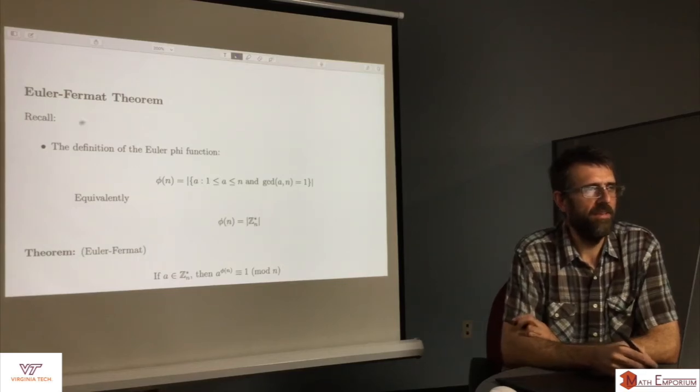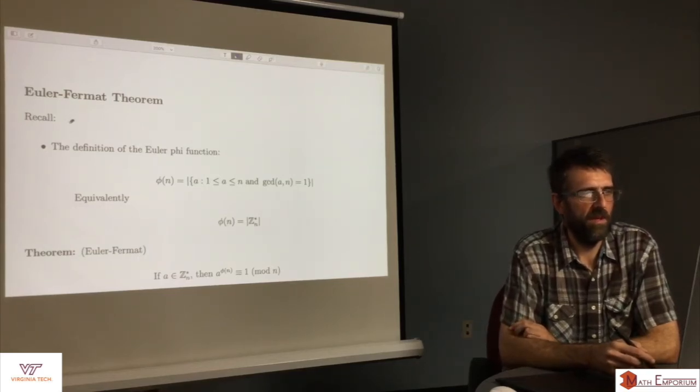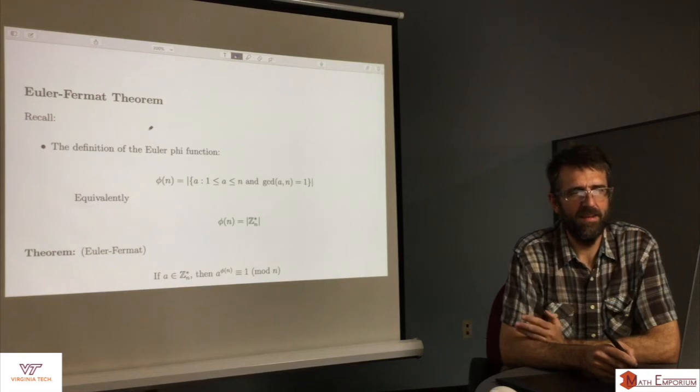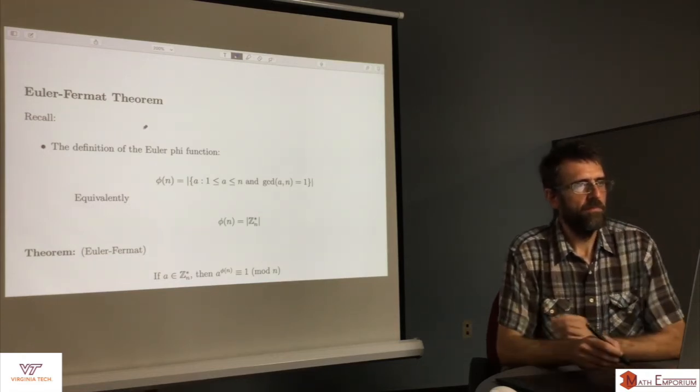So remember we had this Euler-Fermat theorem that was telling us how to compute the number of integers less than a given n that will be relatively prime to that number n.